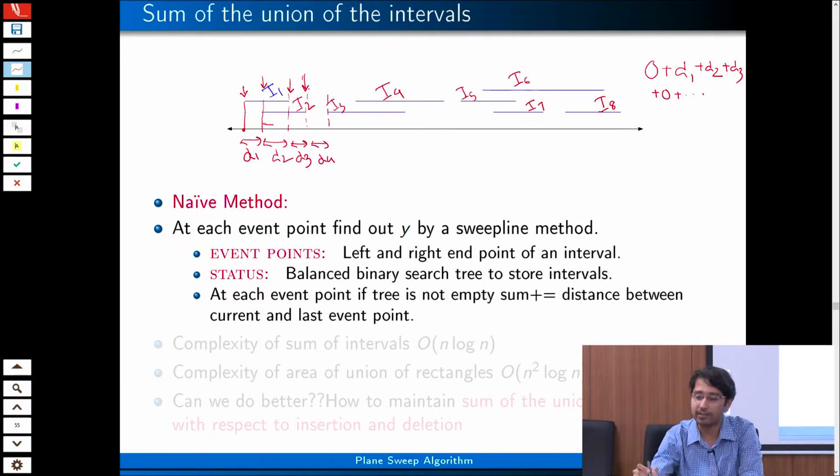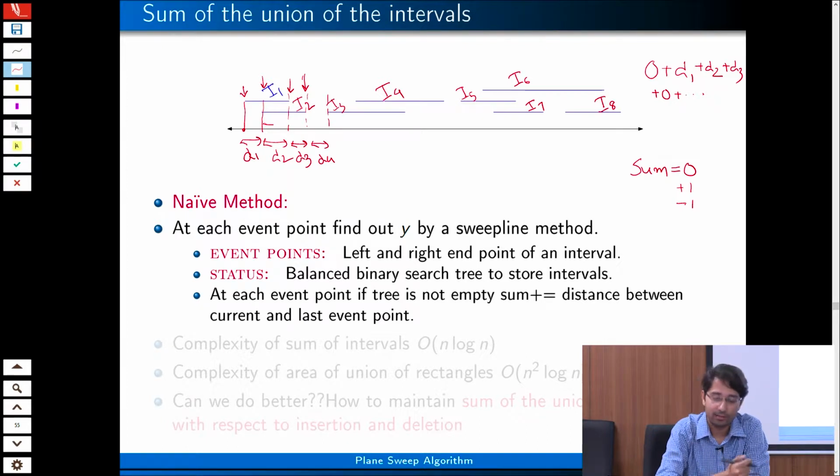So I will maintain a sum. The sum is initially 0. This is a puzzle. Whenever there is a left endpoint, I add 1 to the sum. Whenever there is a right endpoint, I add -1 to the sum. When there are no active intervals, the sum will be 0.